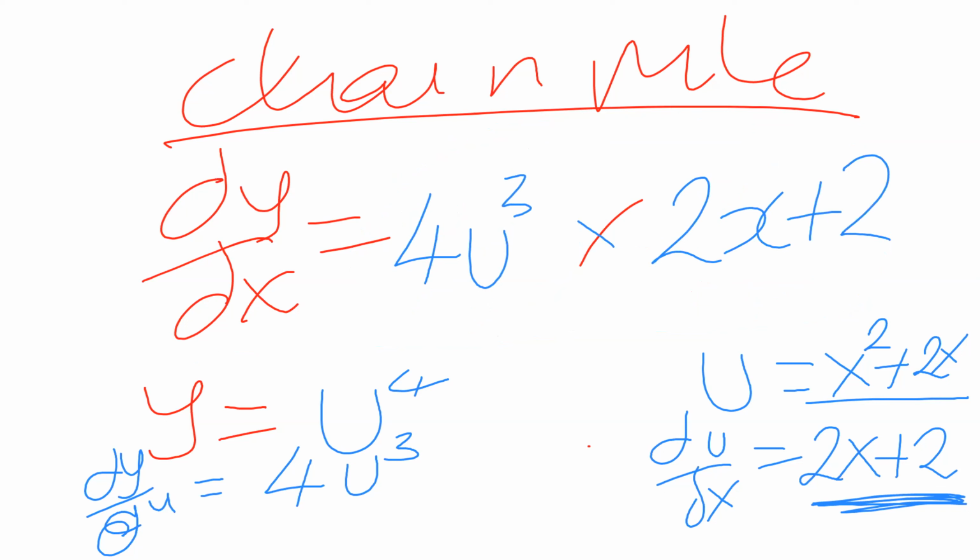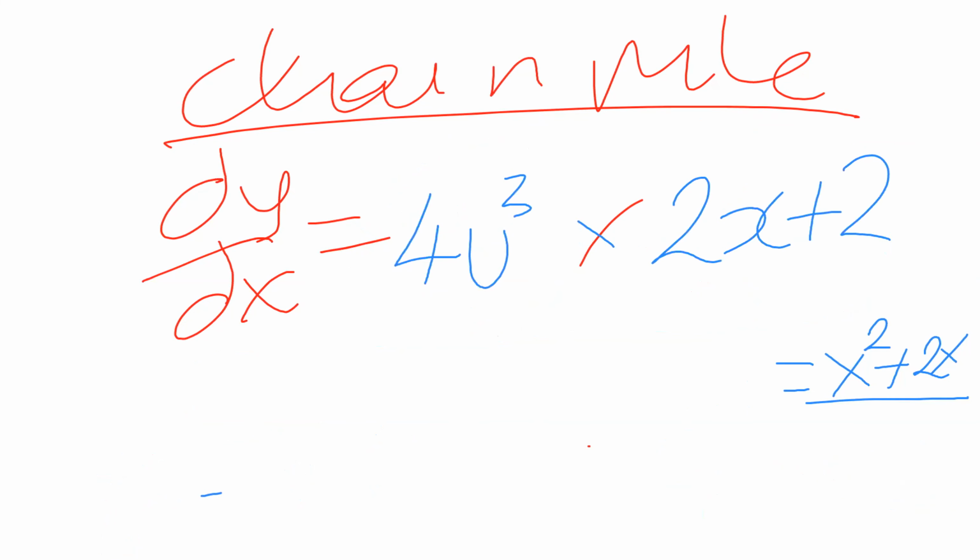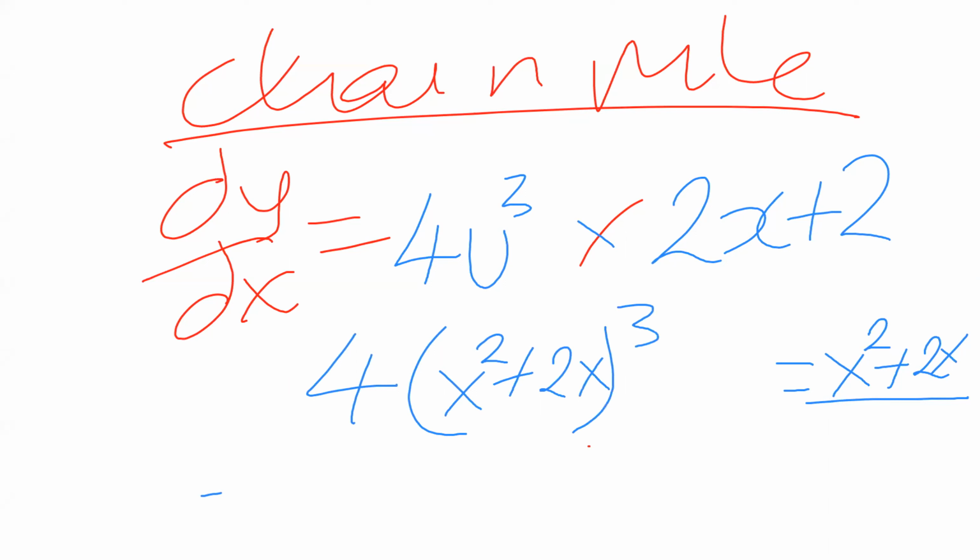So now from here we know what our u is. We can replace it by putting our u, which is x squared plus 2x, raised to the power 3, multiplied by 2x plus 2, like that.